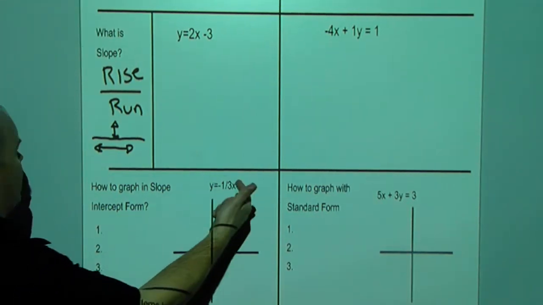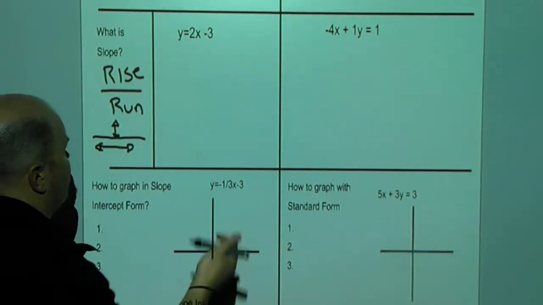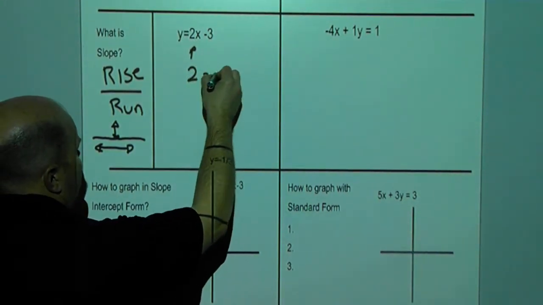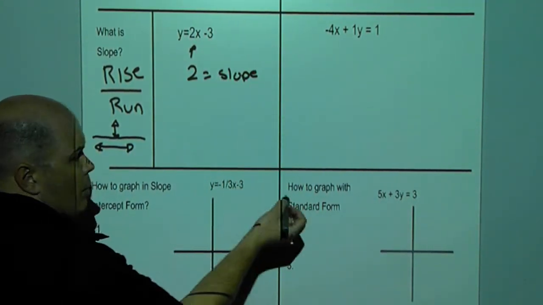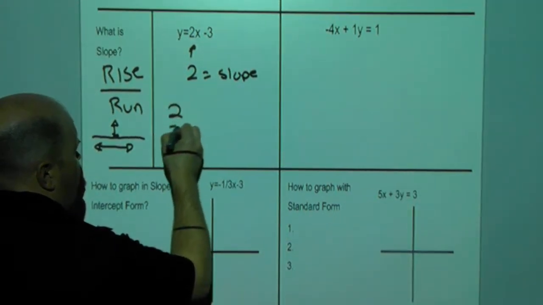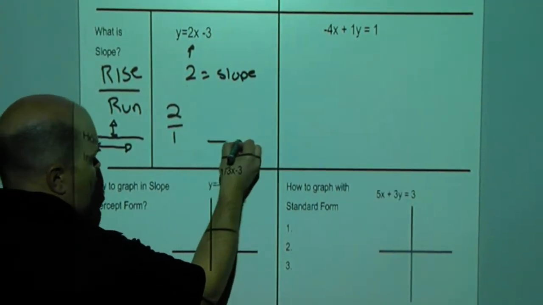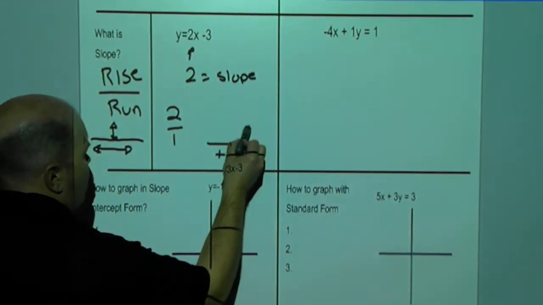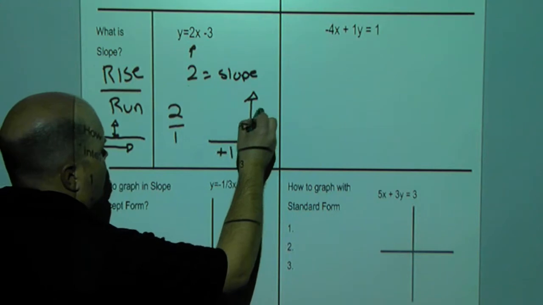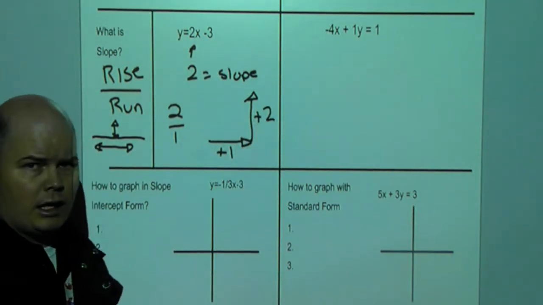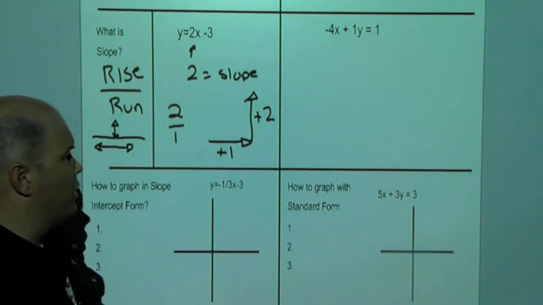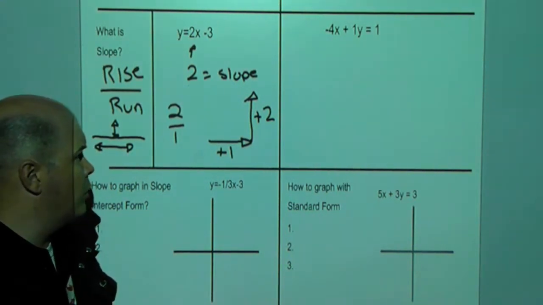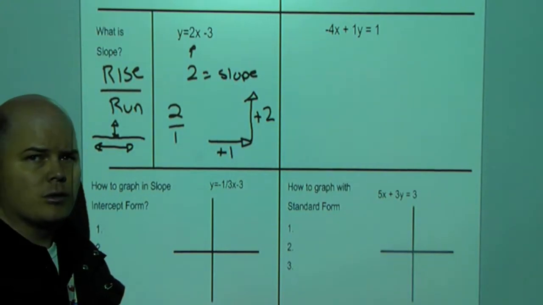So in this case, if I'm looking at what is my slope, here 2 is my slope. But what that represents is really 2 over 1, which tells me for every 1 horizontally I move, I'm moving 2 vertically. And again, if I was going the opposite direction, I'd be going down 2 and to the left 1.